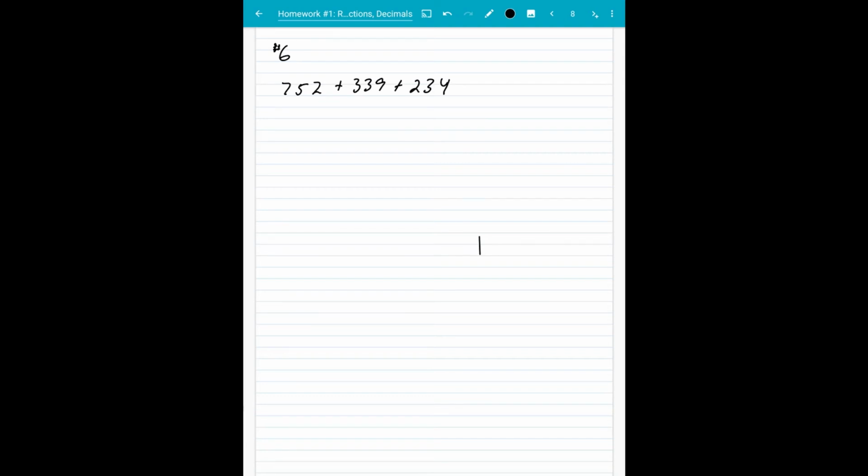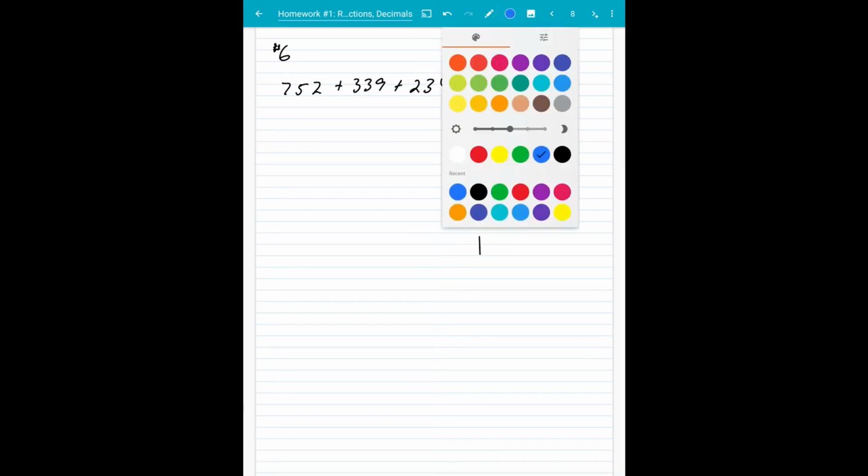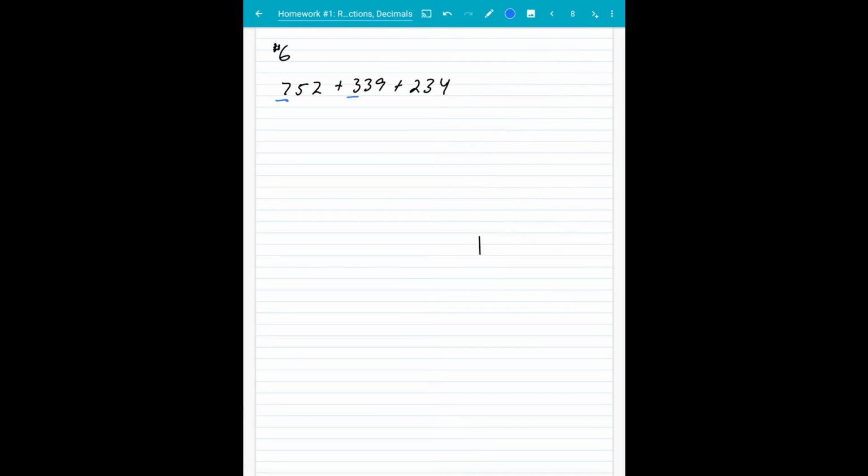The principle of estimation says round everything to its maximum place value. Meaning here, the maximum is the hundreds place for each one. So we need to round each of those numbers to the hundreds place. 752 would round to 800. 339 would round to 300. And 234 would round to 200. We rounded everything to a hundreds place.